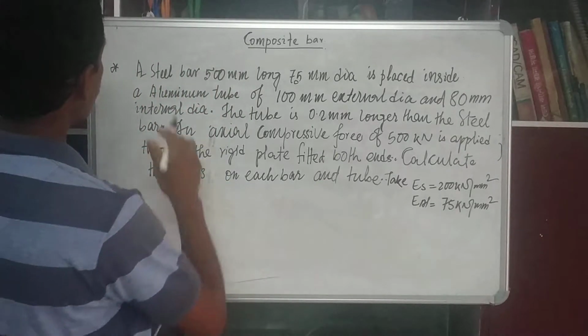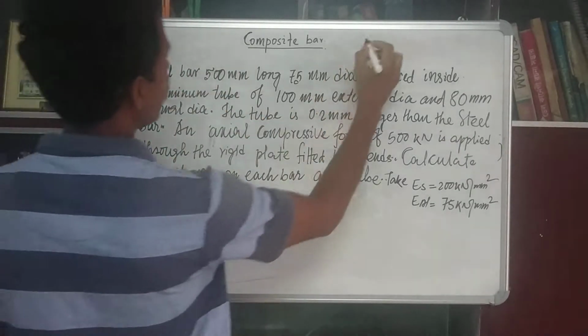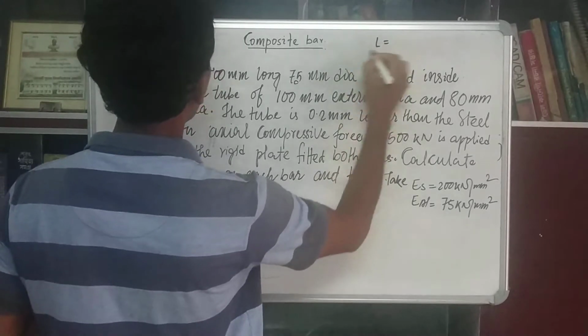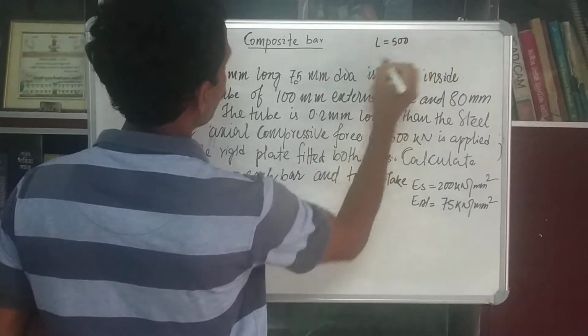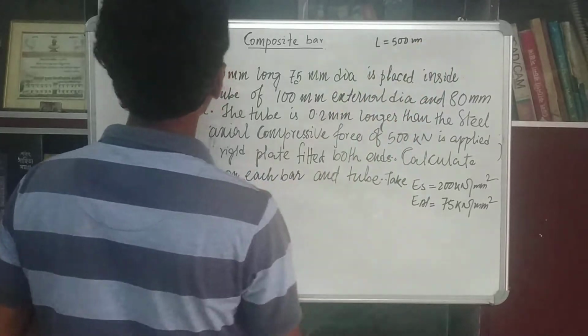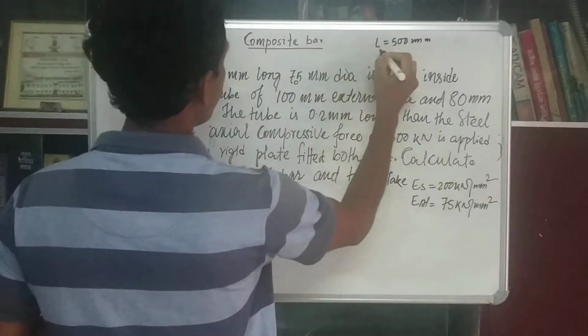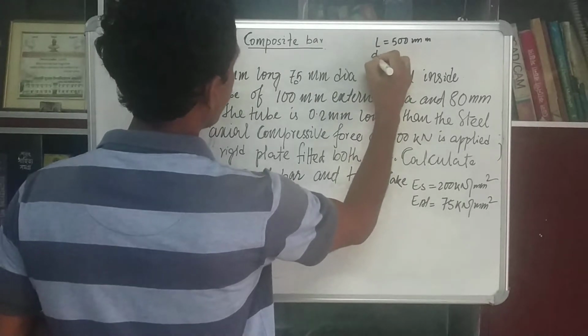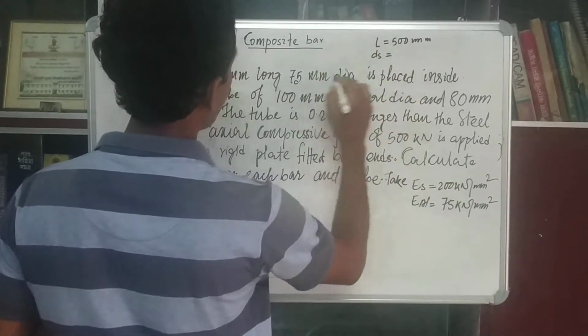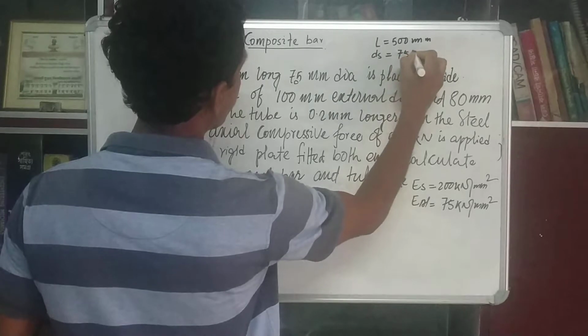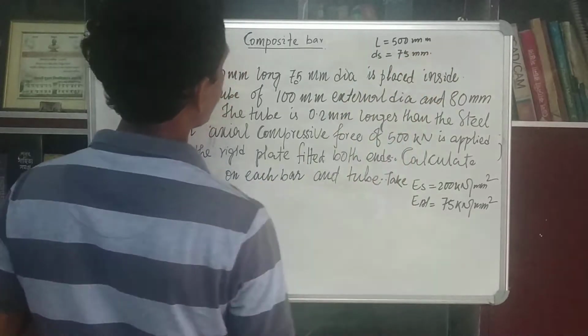Now, steel bar length is 500 millimeter. Diameter of steel bar, DS, is 75 millimeter.